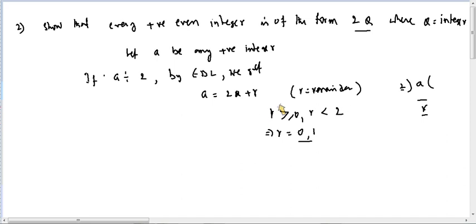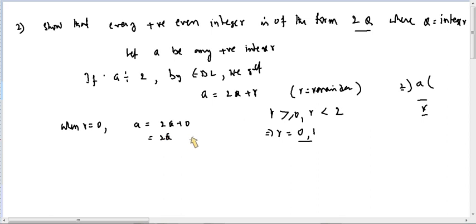So then let me check how much a will be for each value of r. Let us say when r is equal to 0, then what happens to a? a is equal to 2q plus 0, which is equal to 2q.